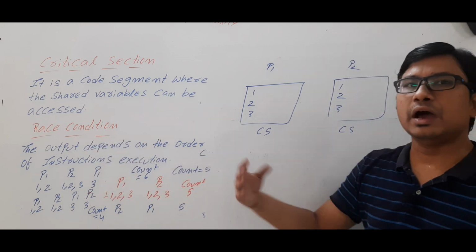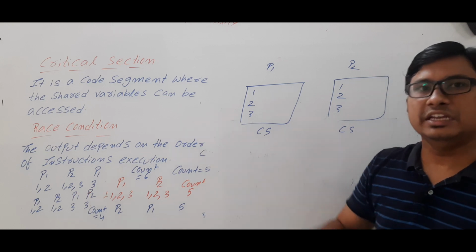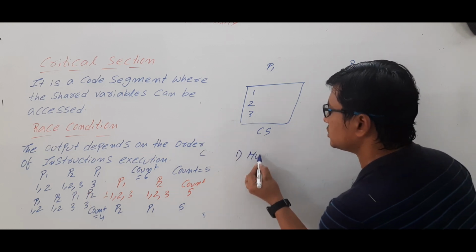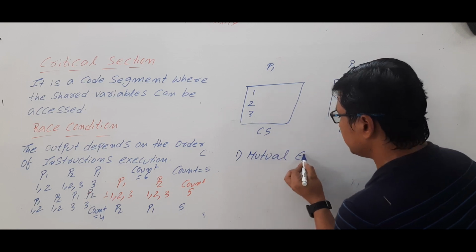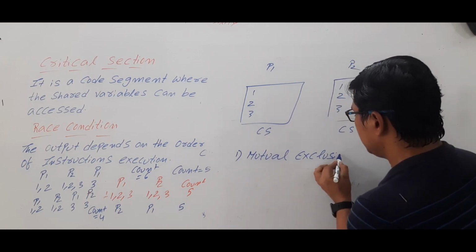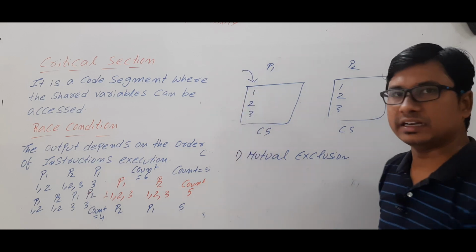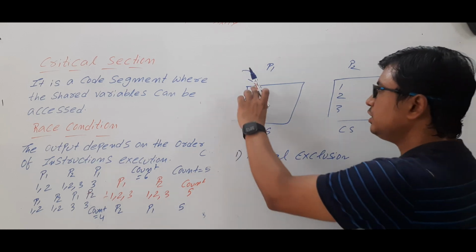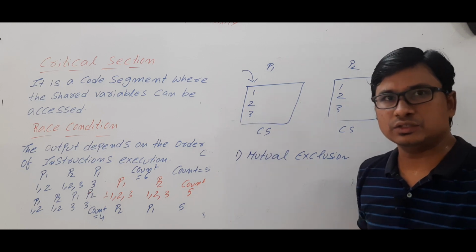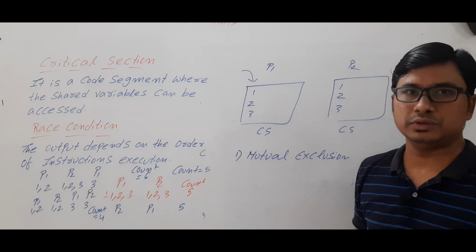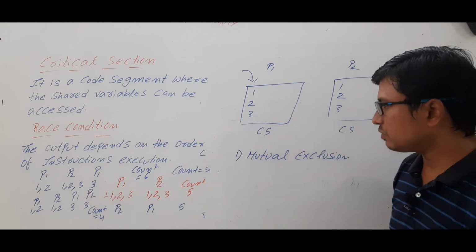So how can we avoid the race condition? Any synchronization mechanism should provide mutual exclusion. Is it clear? What is meant by mutual exclusion is that to the critical section, only one process can enter at a time. If only one process can enter and execute the critical section, then another process can go and execute it afterwards.